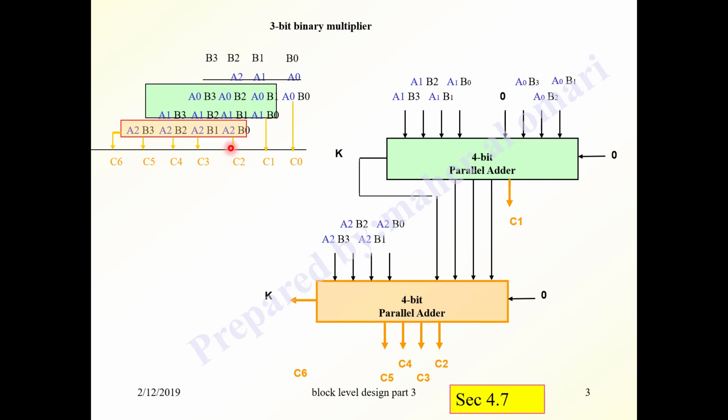Okay? And then A2, B0 is this bit here. A2, B1 is this bit here. A2, B2 is this bit here. And A2, B3 is this one. And the output carry from this parallel adder is C6.